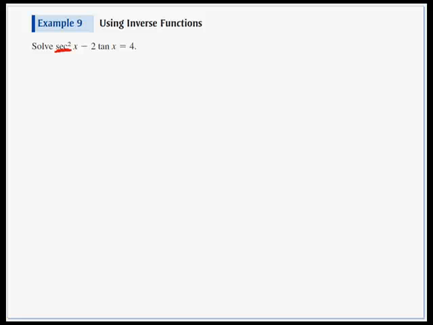This secant squared we can replace with a 1 plus tan squared. So that becomes a 1 plus tan squared of x minus 2 tan of x. And let's subtract that 4 from both sides. Now over here we'll have a minus 4, and it's all equal to 0.